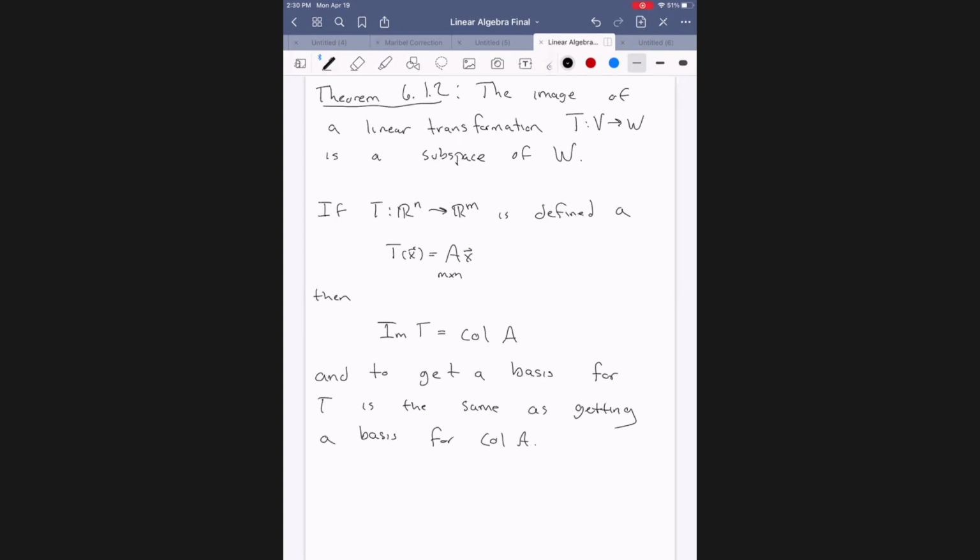So, definition. Let T from V to W be a linear transformation.